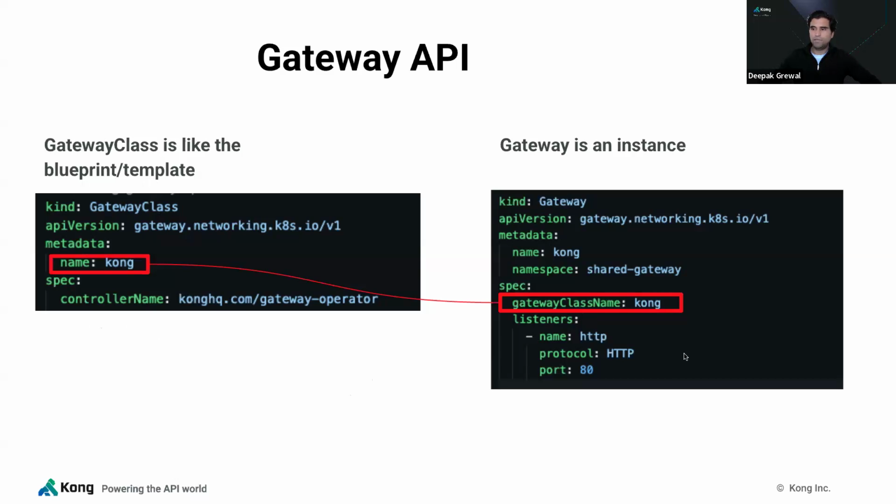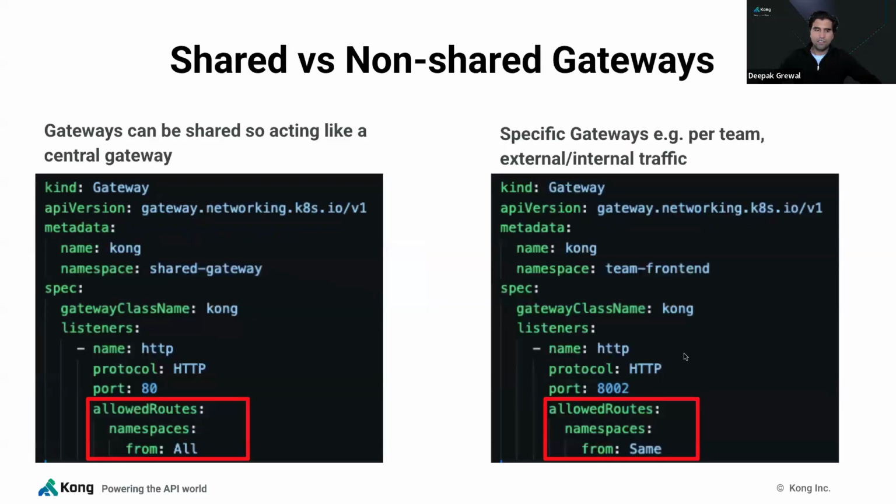Once a gateway has been provisioned within a cluster, you can have this concept of shared versus non-shared gateways. Each gateway, apart from the ports that it listens on, also has an additional parameter called allowed routes. This defines whether the gateway that you provision within your cluster listens on routes from all namespaces, or only listens to routes from a particular namespace.